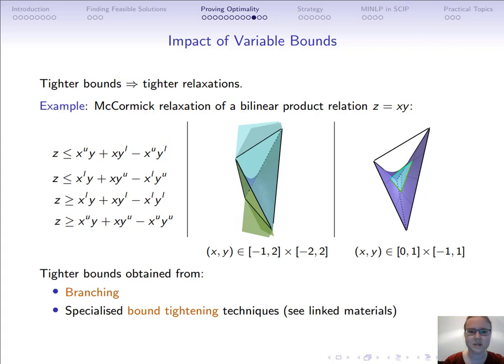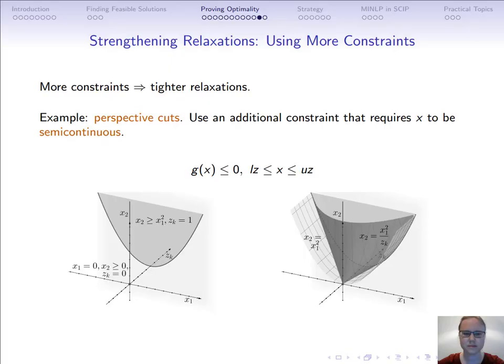And there are some methods for obtaining tighter variable bounds, such as, for example, branching and specialized bound tightening methods, some of which are described in the linked materials. Another way of strengthening relaxations is to use more than one constraint.